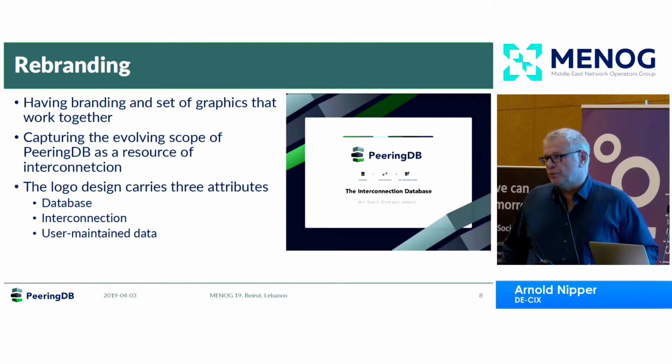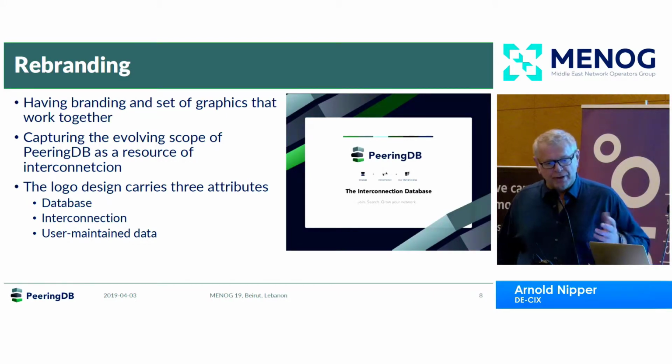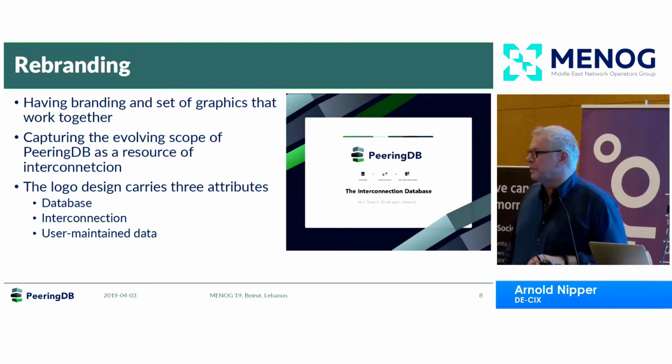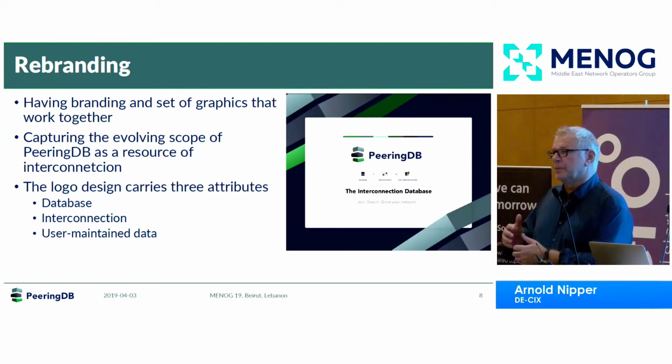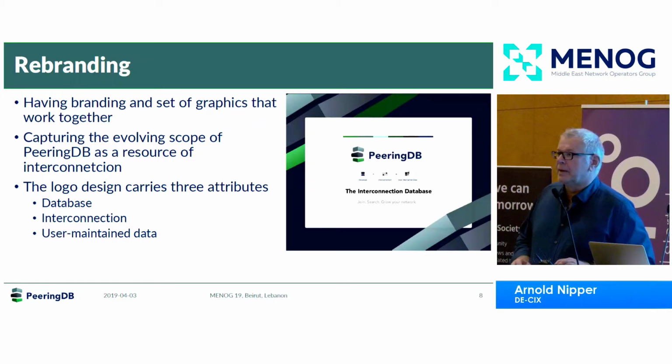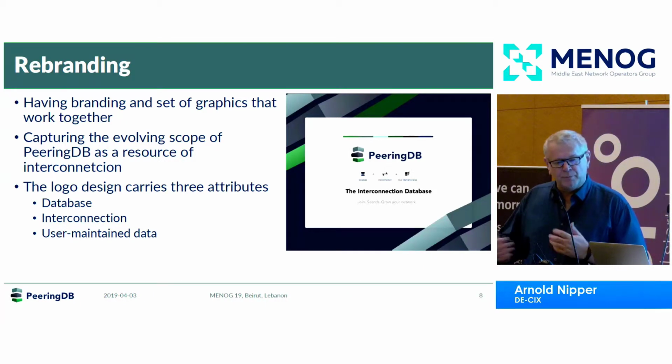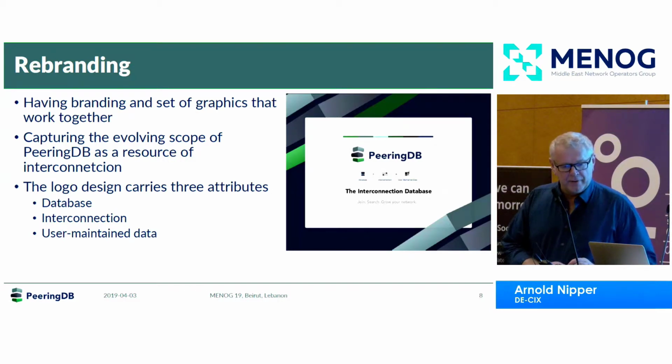And what did we do this year? We rebranded. When we started PeeringDB, or 3 years ago, we completely redeveloped the user interface, the software behind it, and when we did it, the main intention really was to have everything lined up, but we did not care that much for branding.